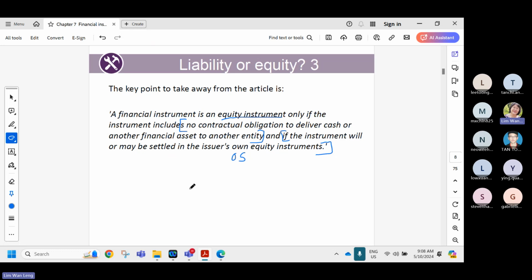If it does not fulfil the definition of financial liabilities, then it must be an equity instrument. And if the scenario tells you that the instrument will or may be settled by the issuer's own ordinary shares, that is part of your equity instrument.